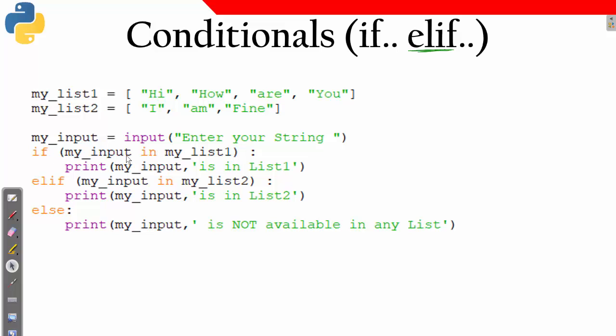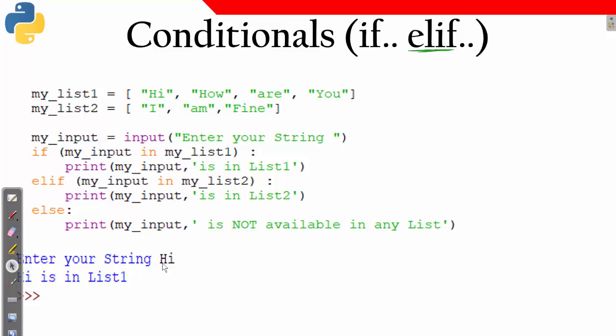So if my input in my list colon, I'll write print my input is in list 1. If it is not there, then it will come to the elif statement. Again I am checking if my input is in my list 2, then I'll say my input is in list 2. Otherwise, if neither of these conditions is satisfied, then I'll come to the else statement, where it will write that it is not available in the list.